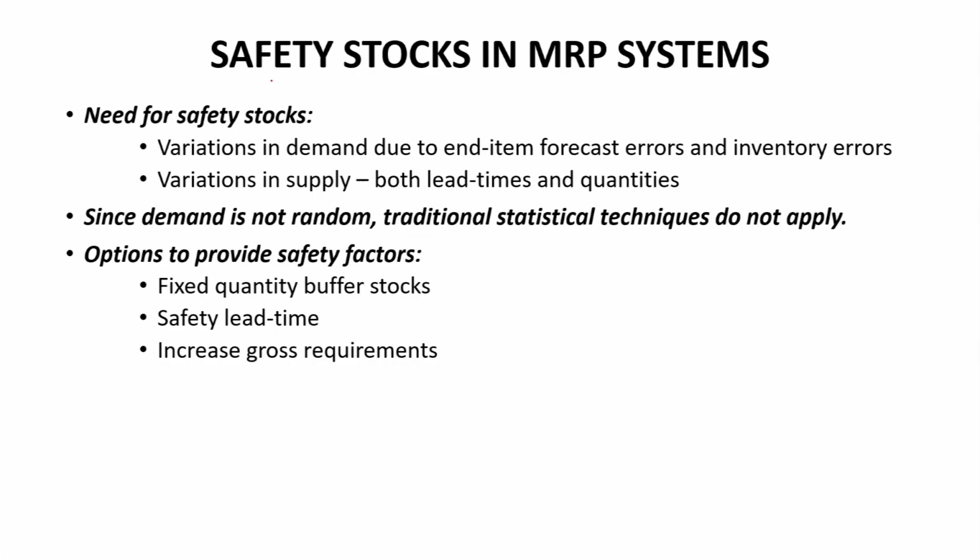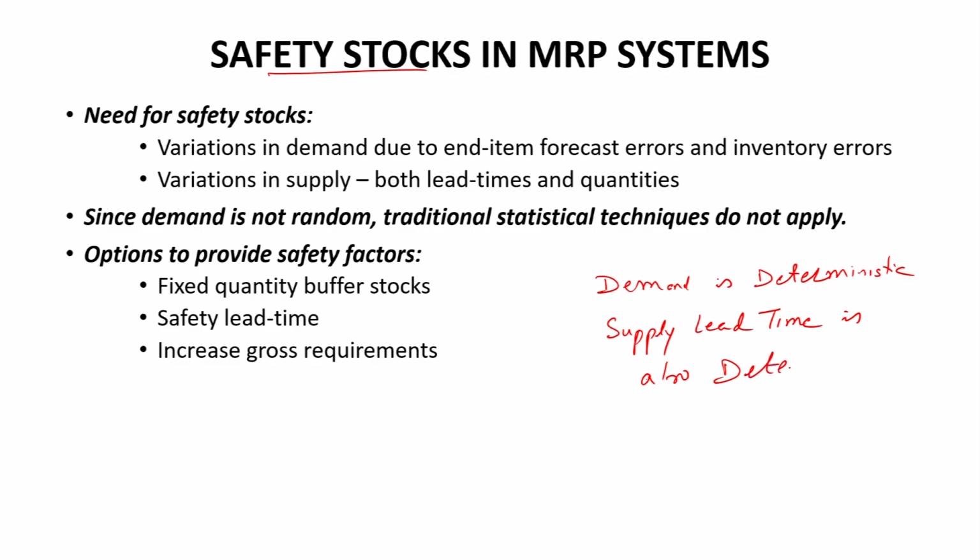Now, we are considering so far in the discussion that demand is deterministic and supply lead time is also deterministic. These 2 things we are considering, but we know that in real life both can be uncertain.